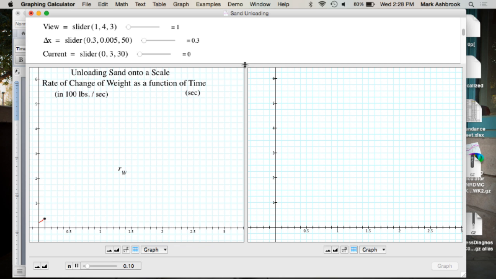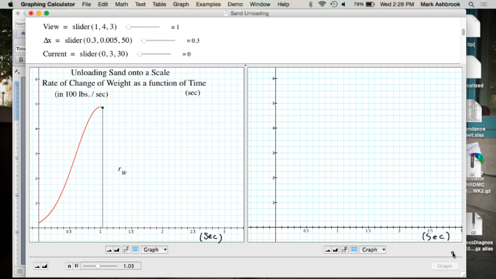So what am I going to put on this x-axis here? He wants number of seconds. Agree with that? Yep. What about the other x-axis? No, this x-axis. Also seconds. That's our x quantity. Number of seconds since the sand started unloading.